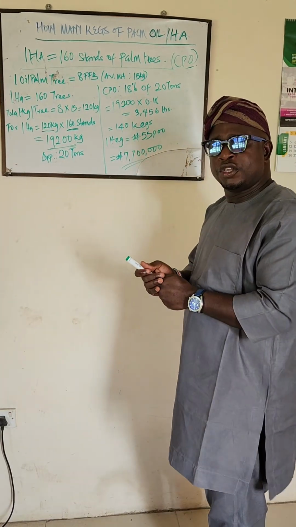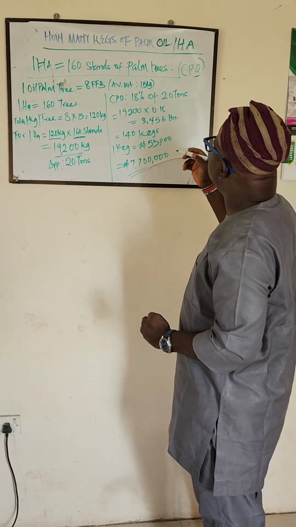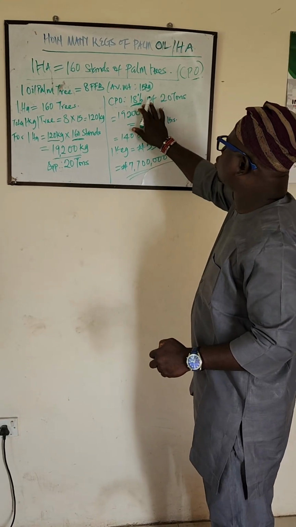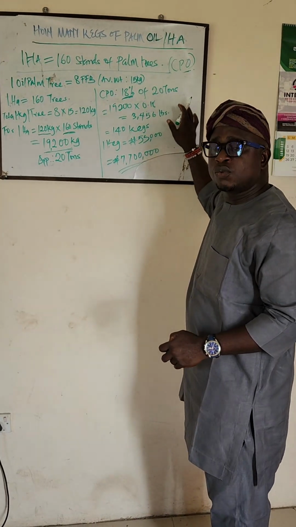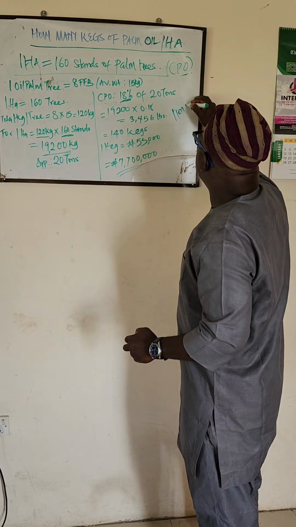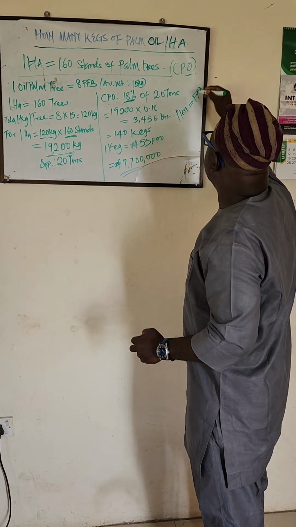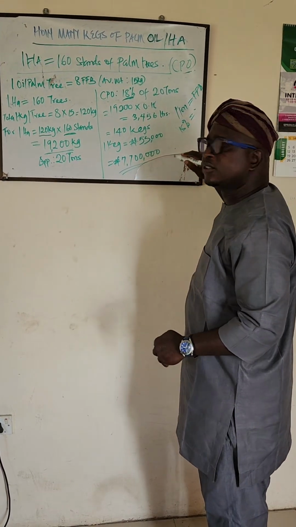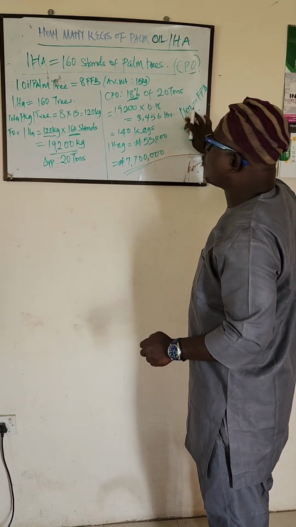But on average, no matter what, we estimate that 18% of 1 ton of FFB will give you a certain number of liters of oil.